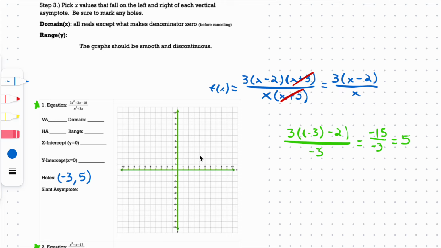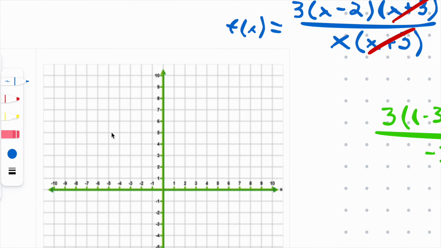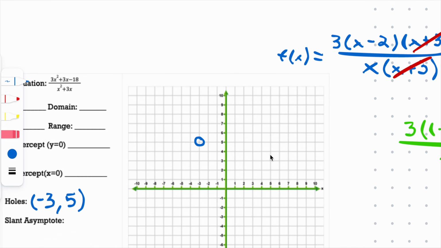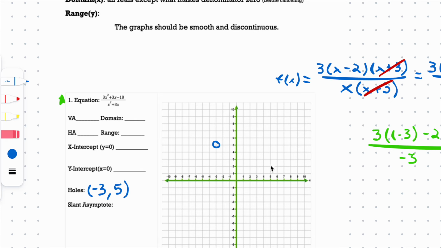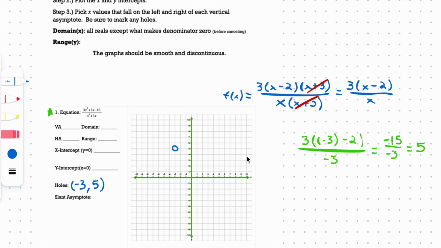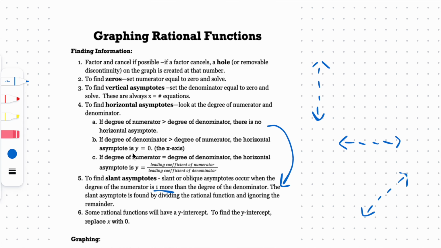Okay? And at that point, which occurs right here, I'm going to have an open circle. Okay? And I know that our function is going to go through this point, but it's not actually going to be defined at -3. Okay, so our second step, if we go back up here, is to find the zeros.